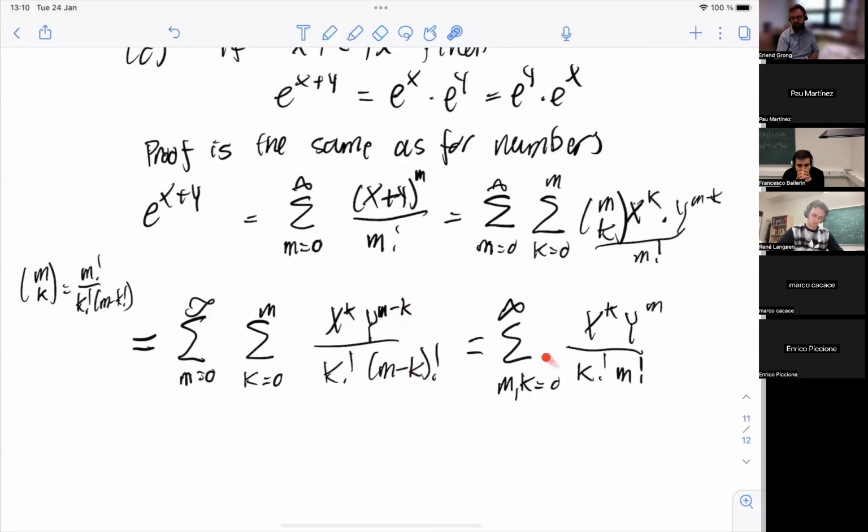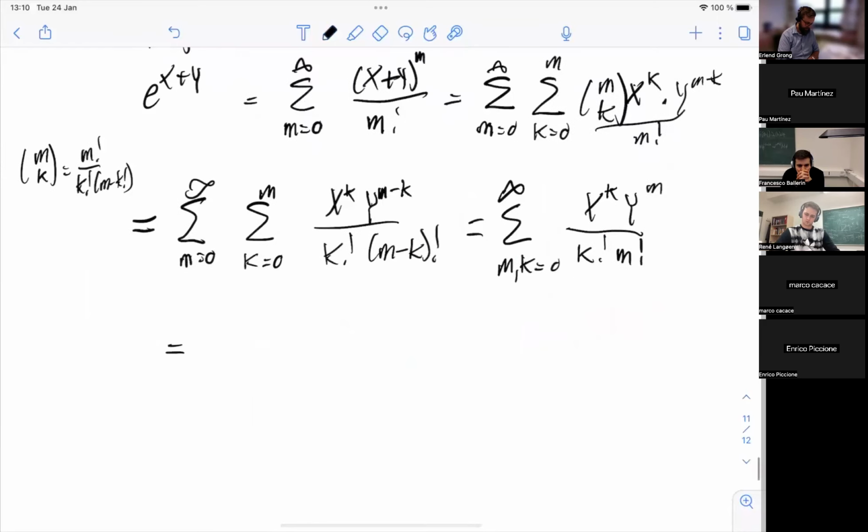Summing over all of these combinations is the same as taking the product of the two series.